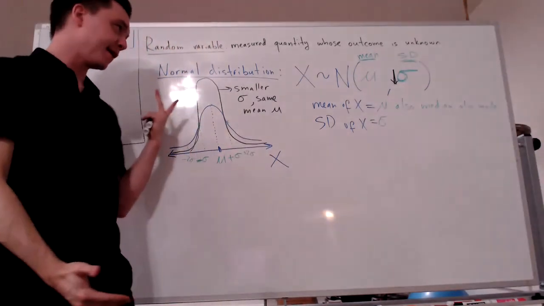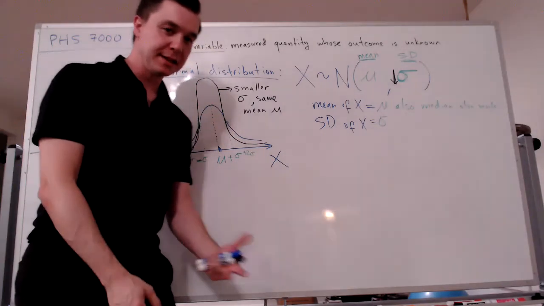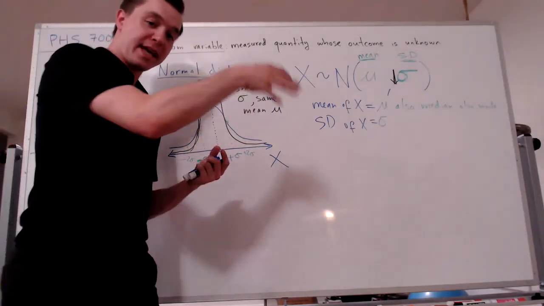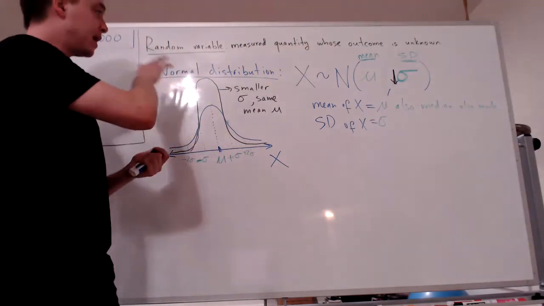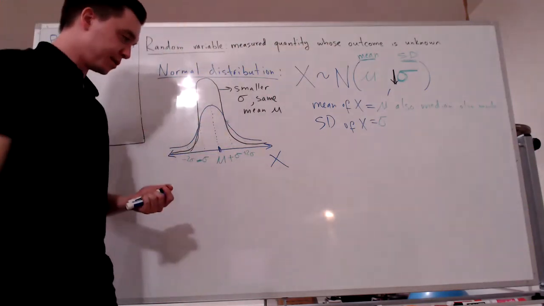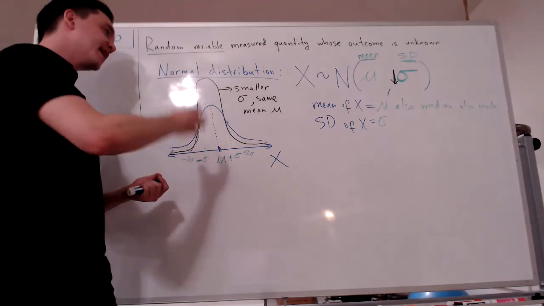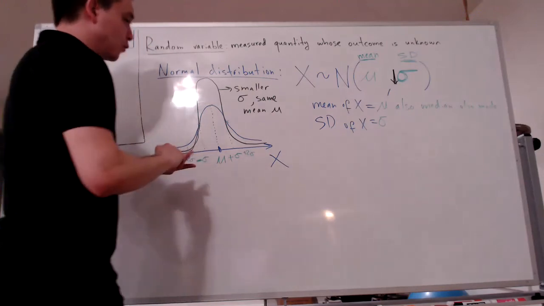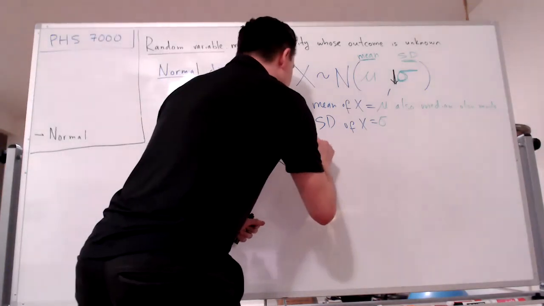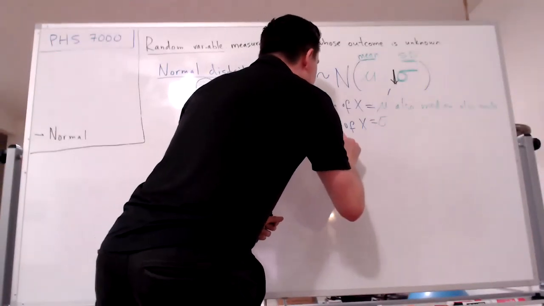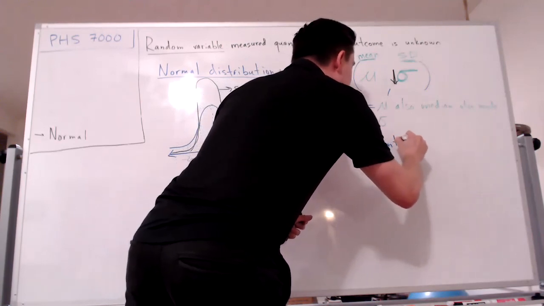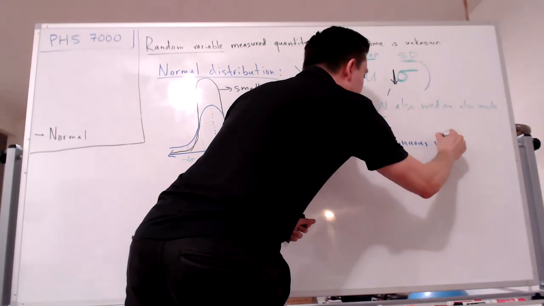I don't care for you to memorize the formula, at least not in this class, but we will pick up the next class by learning more about the normal distribution and learning how to take probabilities in a normal distribution. The thing is that we now are dealing with a quantitative continuous variable.